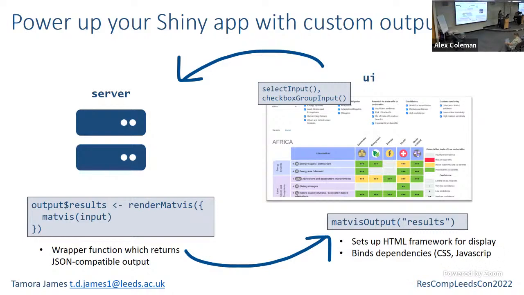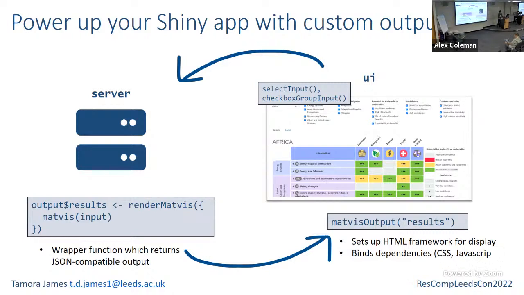In this case, I've used HTML and CSS and JavaScript to produce the outputs. The output element within the user interface sets up the framework for that. And then on the server side, there's a custom function to render the results, to produce the results and render them into an appropriate form to send through to the front end.